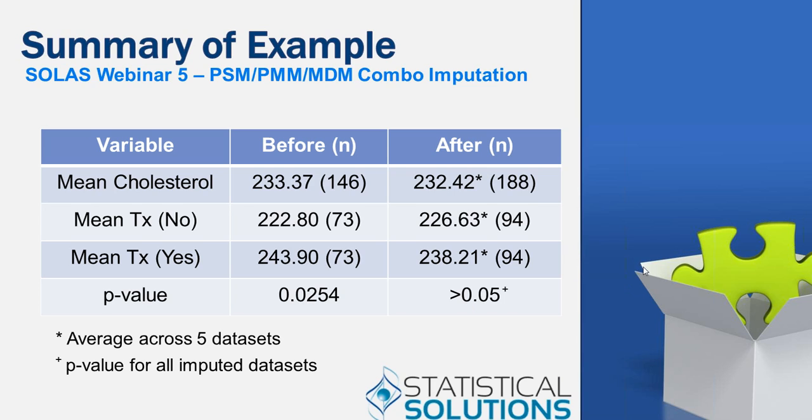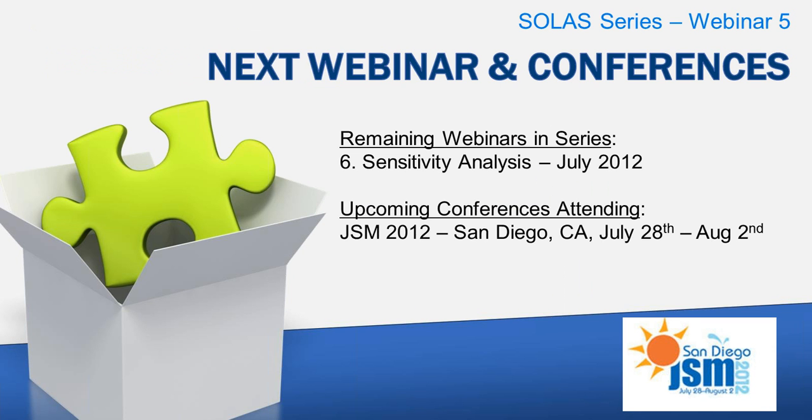So it's quite important to investigate missingness, because sometimes there's a bias that hasn't been accounted for, that when you do imputation analysis can slightly alter the outcome. So that's just what I wanted to cover this morning in our combination method webinar.